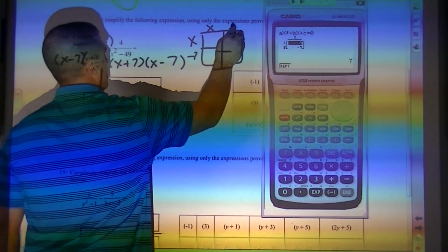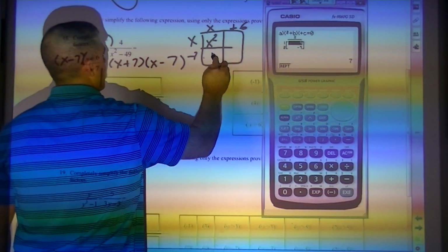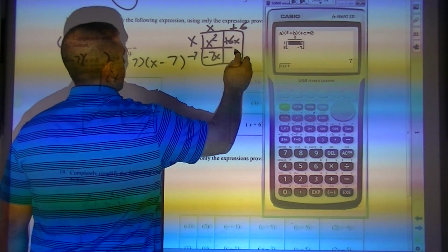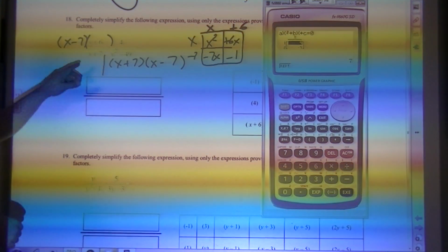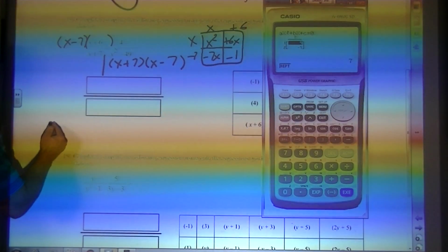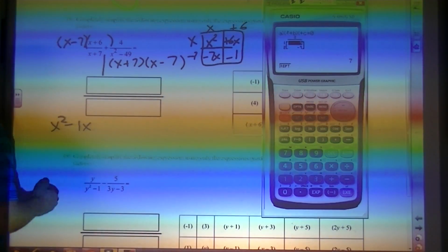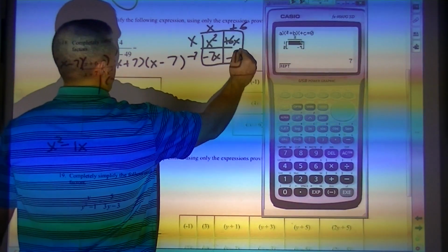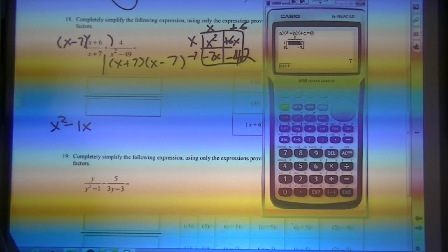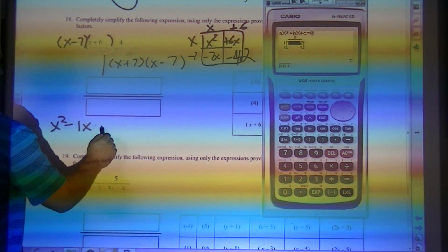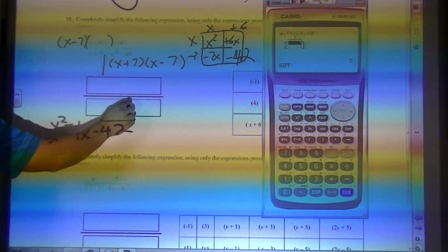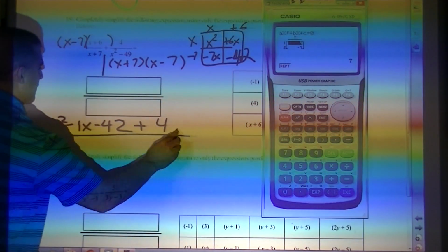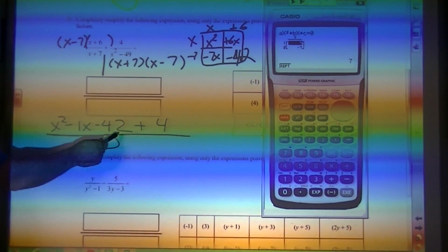So that's going to be x squared minus 7x plus 6x minus 42. So on this side, I'm going to have x squared minus 1x, minus 42, not minus 1. Minus 42, plus 4 all over the common denominator. Now, what's going to combine there?